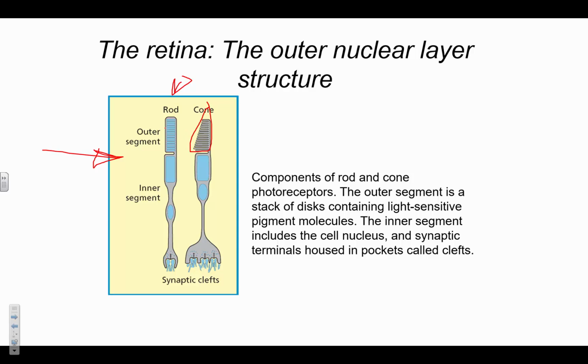So when a photon of light comes in, right, it really needs to hit a molecule in one of these stacks. It's going to take that molecule and it's going to change its shape. Don't worry about this too much. That shape change causes a cascade of other events that say, hey, we absorbed a photon of light, and then we will change the output of that photoreceptor accordingly.